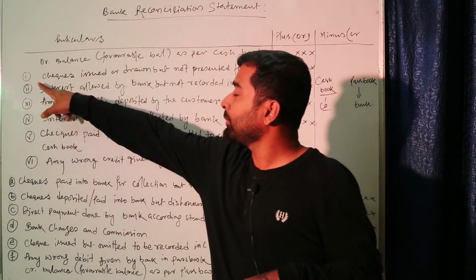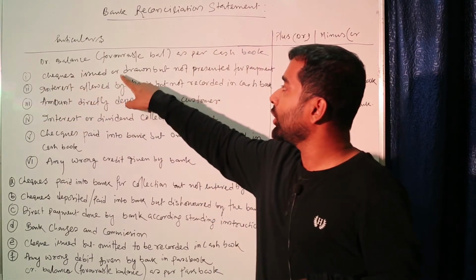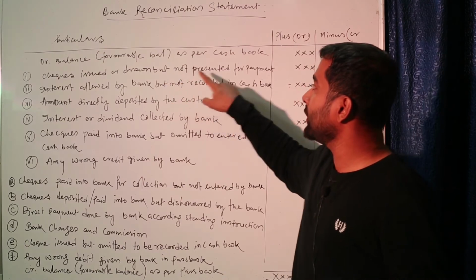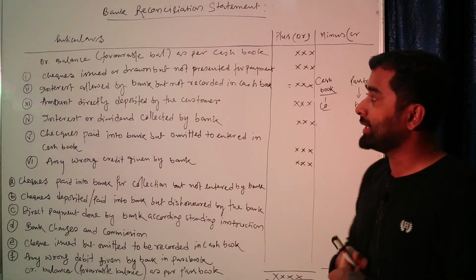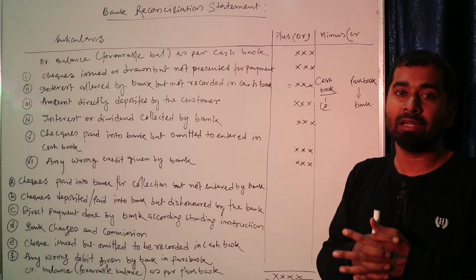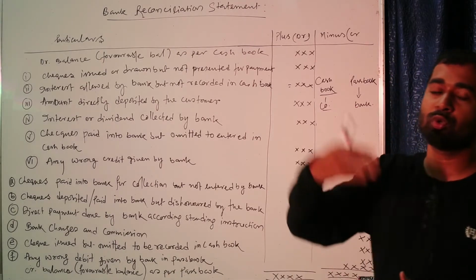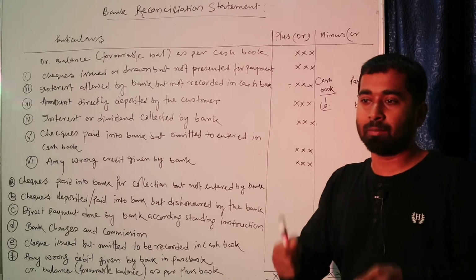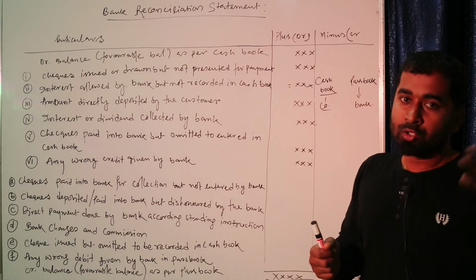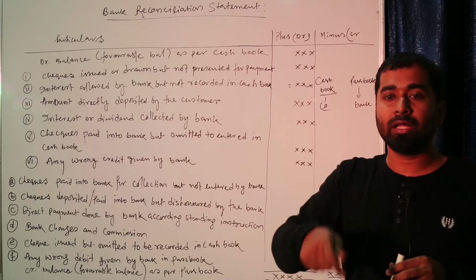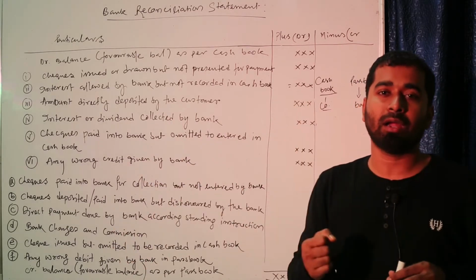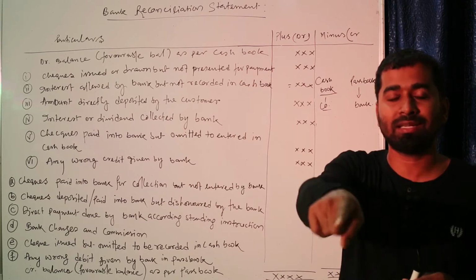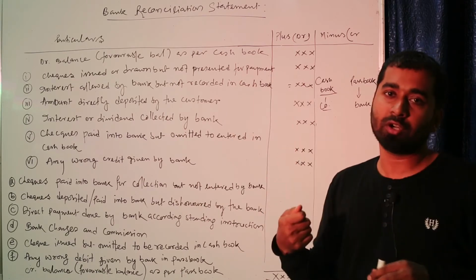Next, point number 1, cheque issued or drawn but not presented for payment. Now think, what is the meaning of that? The company many times gives a cheque or issues it to somebody to receive that amount from the bank. When the company has already issued the cheque to somebody, the company thinks what? Definitely the person will visit the bank and withdraw the cash.